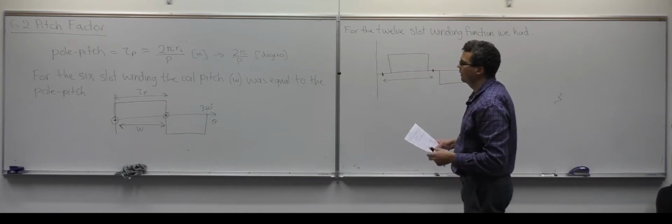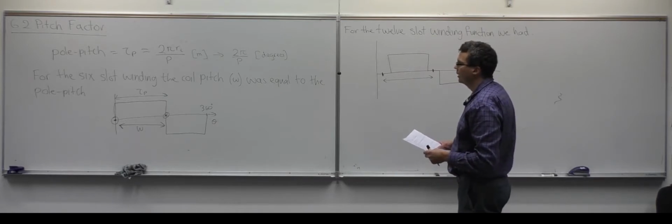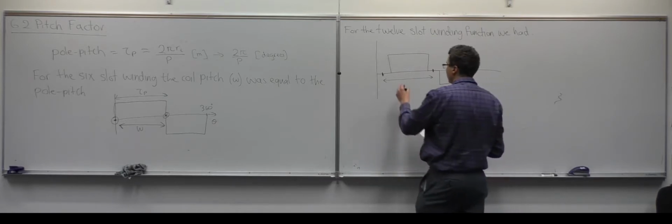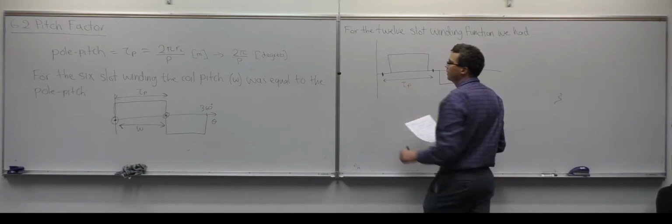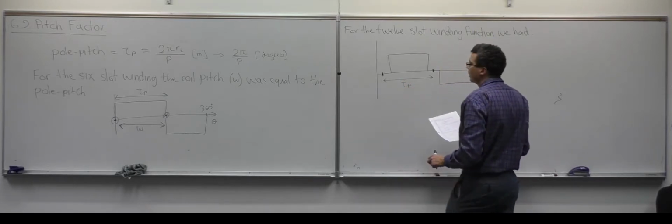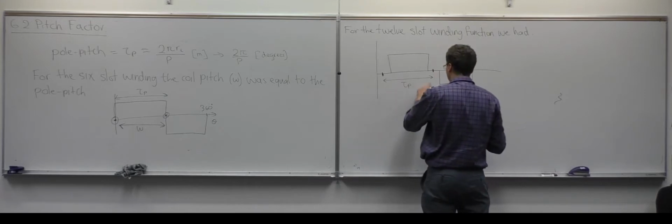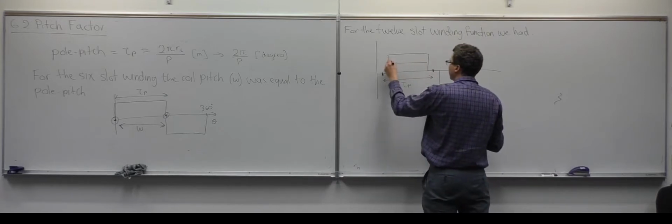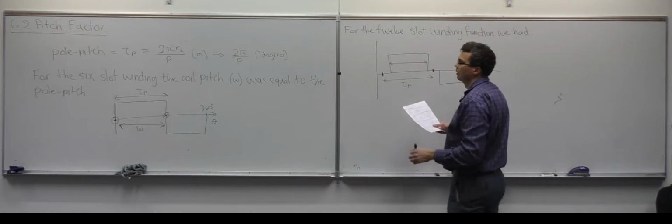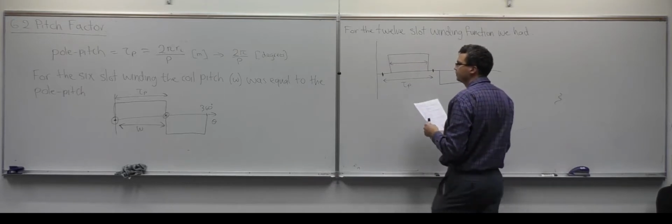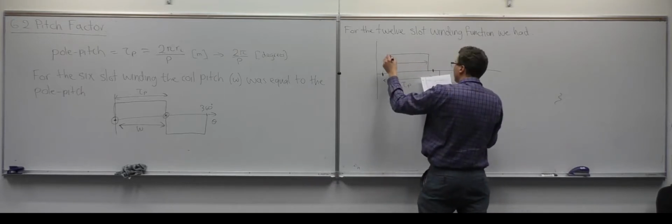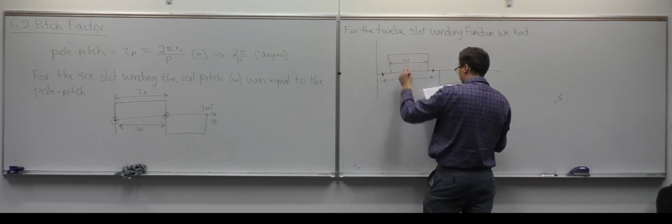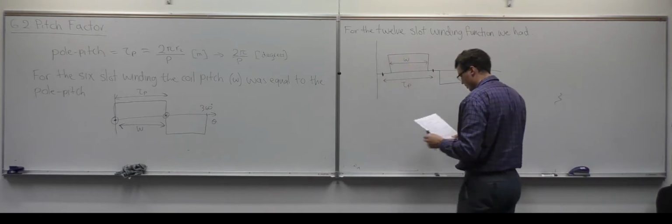So we can define this difference by defining the pole pitch as being from 0 to 180, and the coil pitch as being W. So they're different.